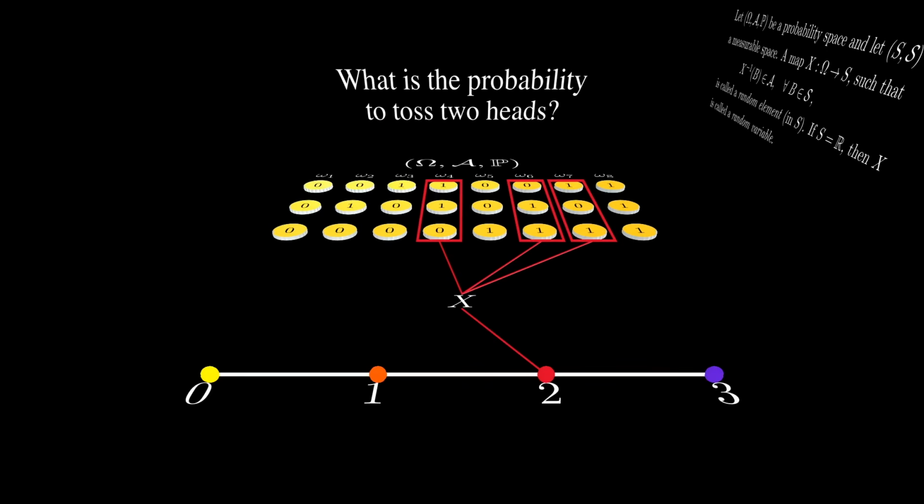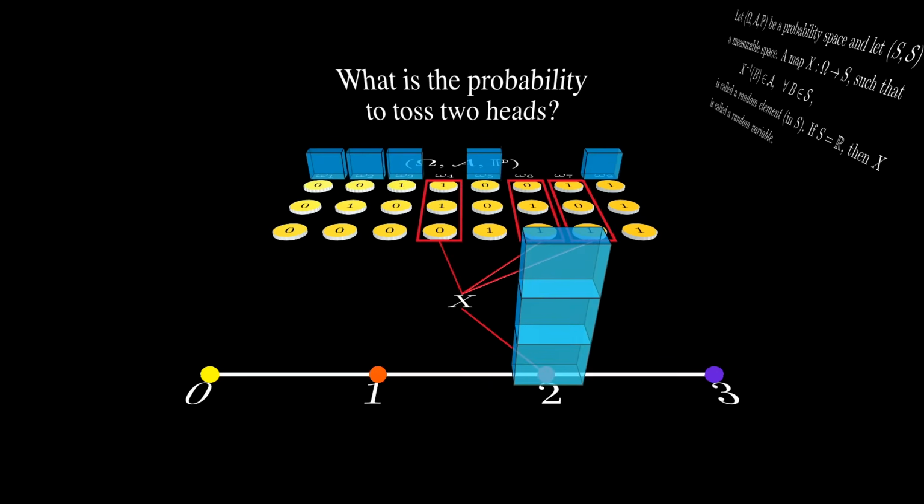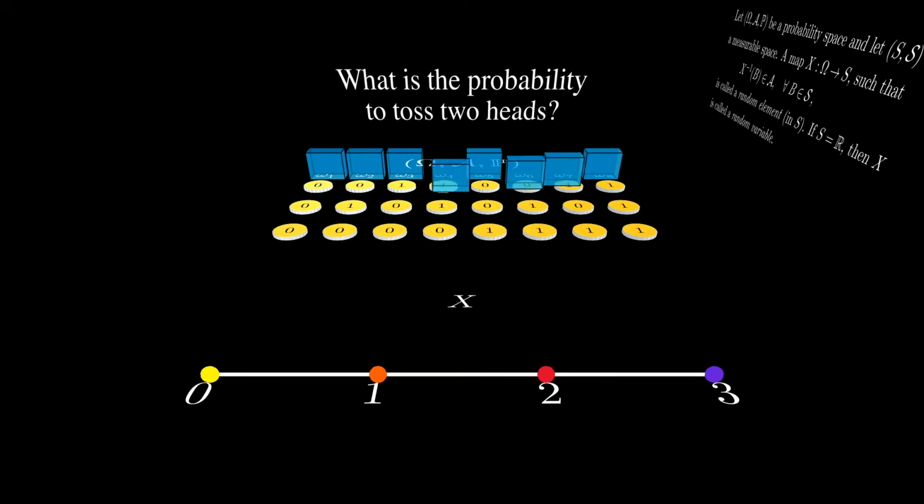Okay, so much for this. What is the distribution of a random variable? Basically, we have already seen what's happening. When we calculated the probability for tossing two heads, we looked at the pre-image of the number 2 under X and calculated the probability for this pre-image. And the way you can think about this is that you take the mass on omega that is assigned to this pre-image and push it through X onto the image space.